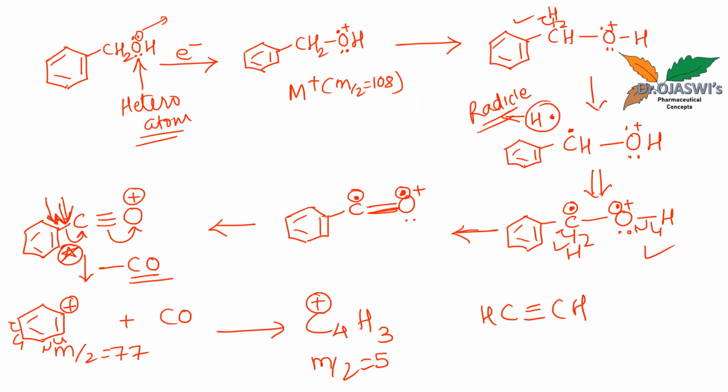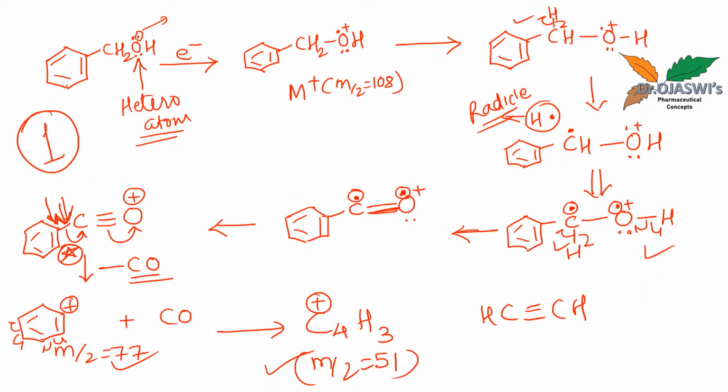So these are the fragment ions predicted for this particular structure. This was the first pathway, the first option which could be possible for fragmentation of this particular molecule.